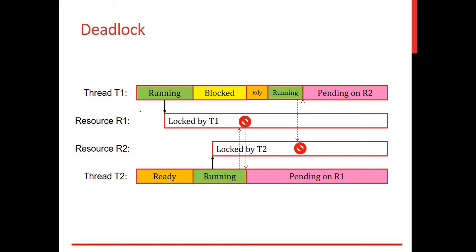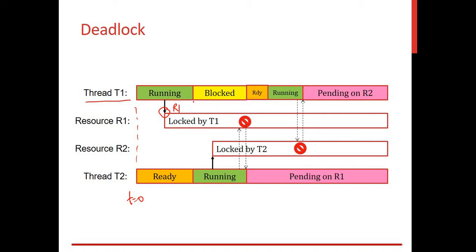In this timeline, at time t equals 0, T1 is running, and while T1 is running, it acquires resource R1. R1 could be a mutex or a semaphore. Since thread 1 was running first, it had the opportunity to acquire this resource.